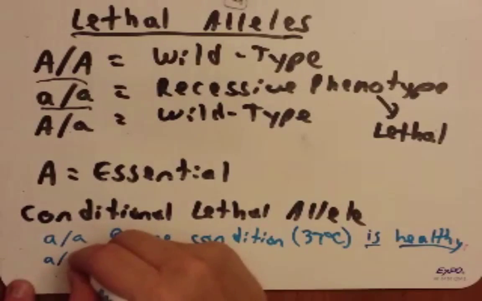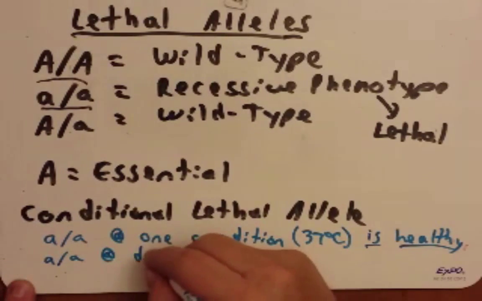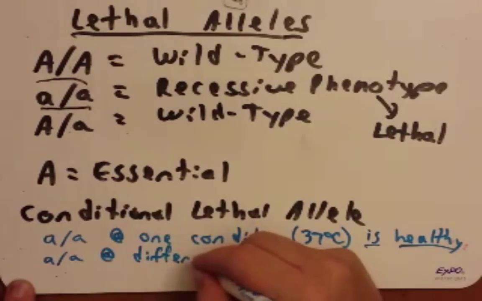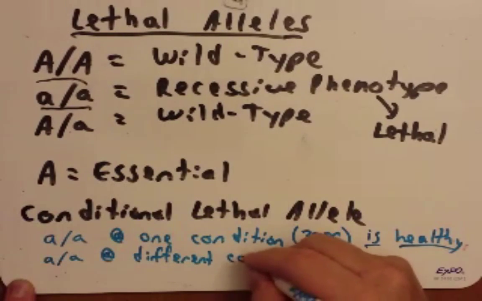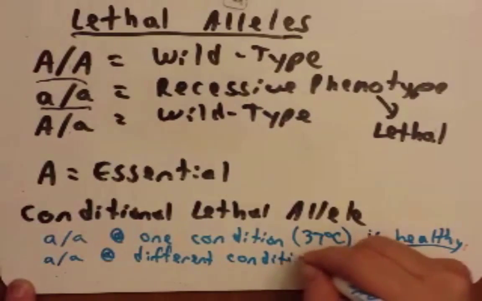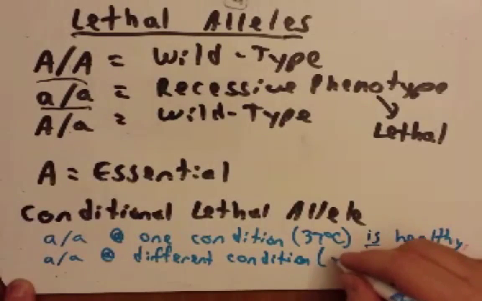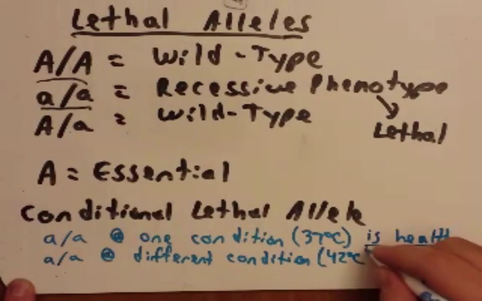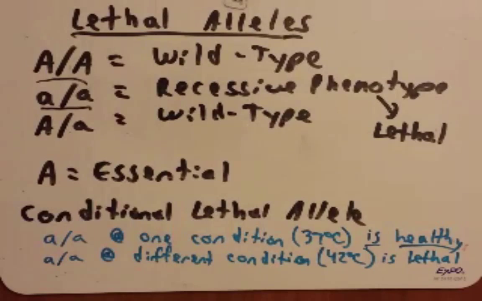Yet the same genotype at a different condition, we'll say 42 degrees Celsius, is lethal. There are many examples of this. When we study model organisms, sometimes we'll generate certain alleles, like say in Drosophila, where the fly doesn't exit embryonic development at a higher temperature, but at a lower temperature they do just fine.